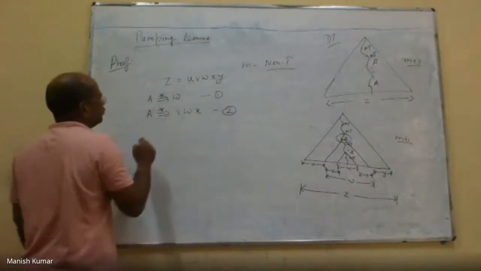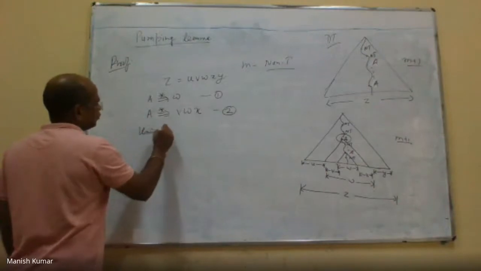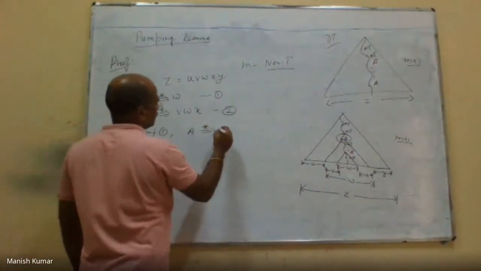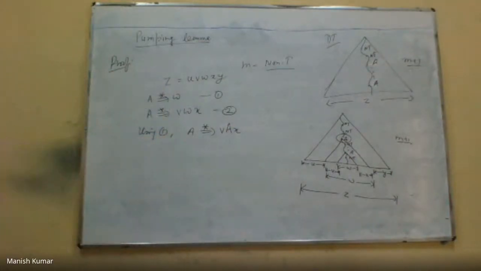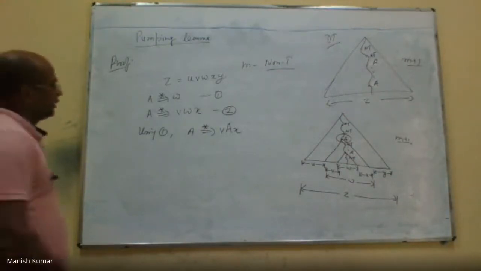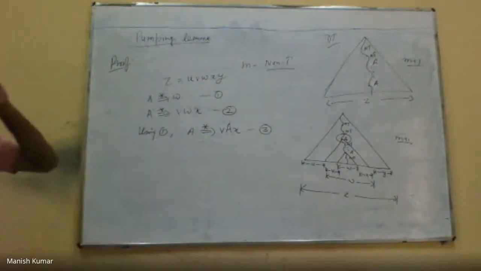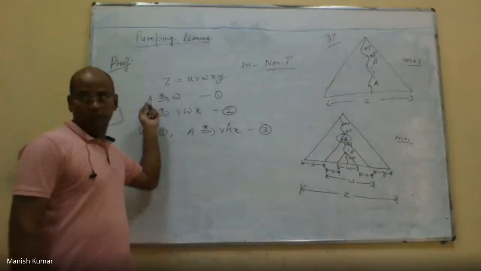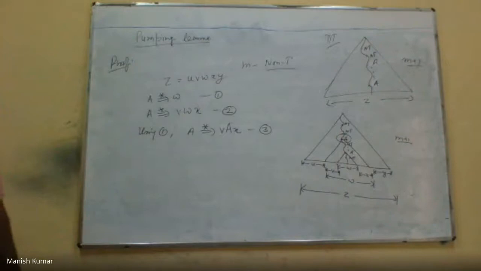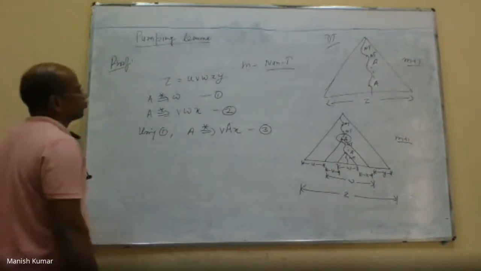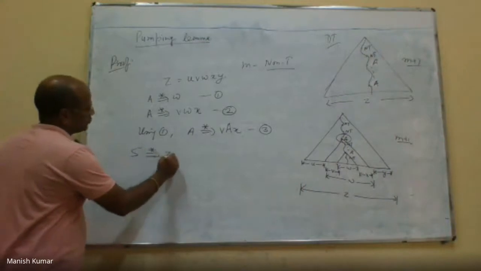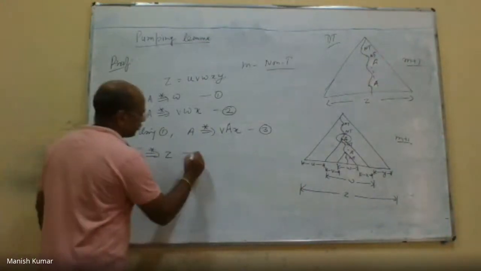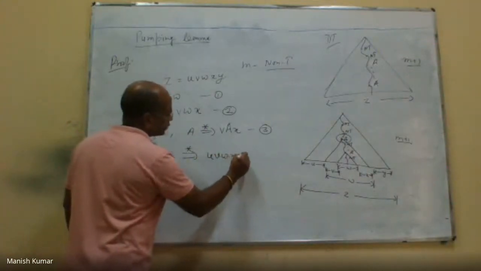And obviously, using 1, I can also write this as v w x, where w is replaced with this A. Now what you look for is generating this, which is nothing but u v w x y.